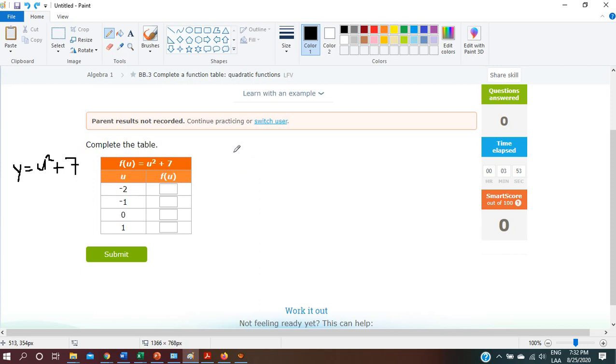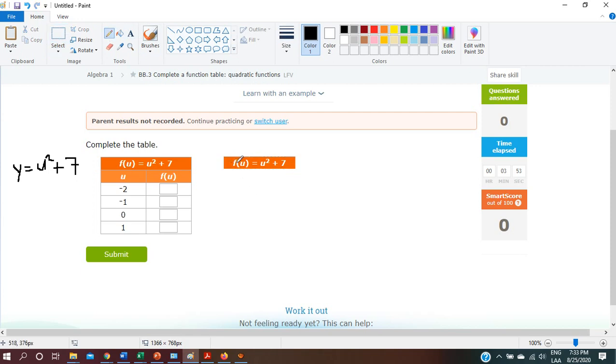Okay, so for example, if we have f of u, let me copy this part, paste it and move it over here. Now we are going to substitute.